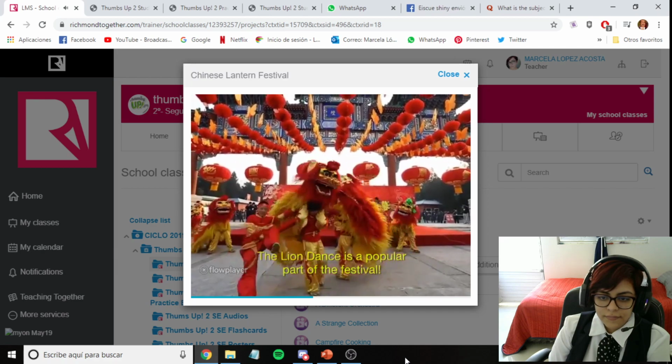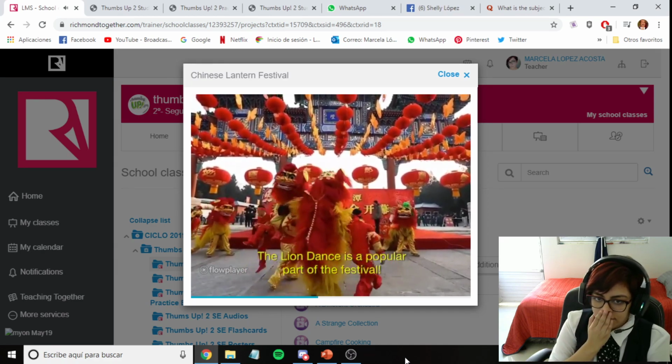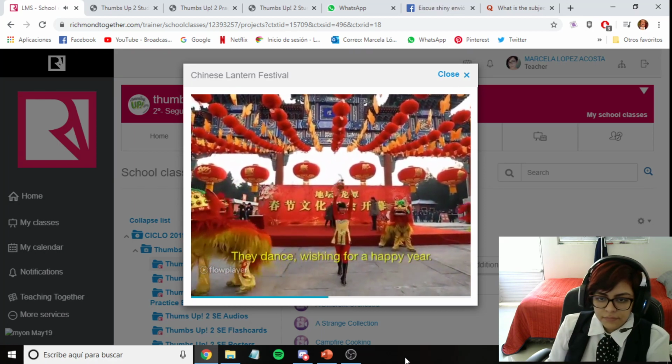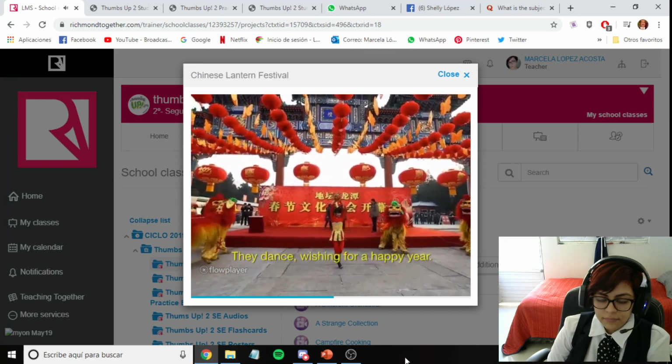The lion dance is a popular part of the festival. People want to be brave and strong, like the lion. They dance, wishing for a happy year.